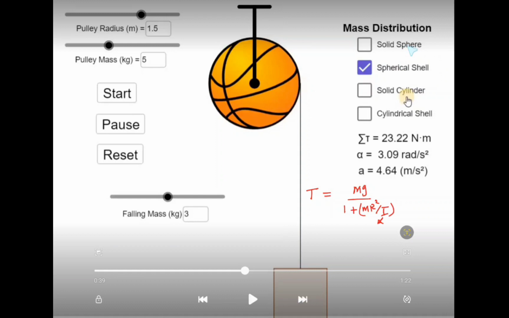For the solid sphere, it's equal to 2 over 5 mr square, and for the spherical shell, it's equal to 2 over 3 mr square. For that reason, the net torque here we obtained is different.